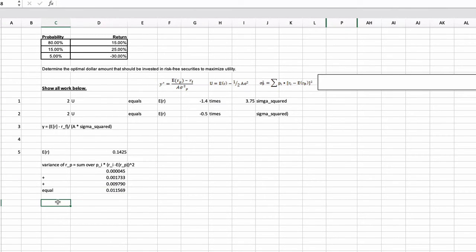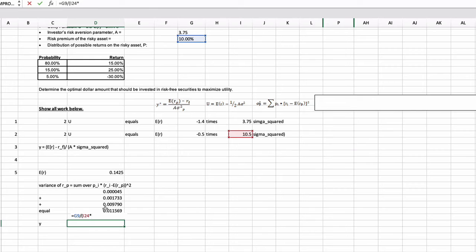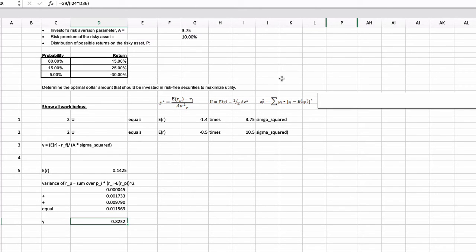Finally, we can calculate Y. Risk premium divided by A times sigma squared, and we got 0.8232. I will show you why we can ignore the factor 2 here when we go over Fox's solution.